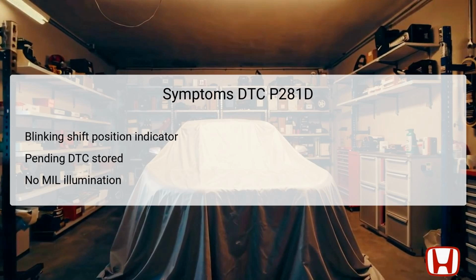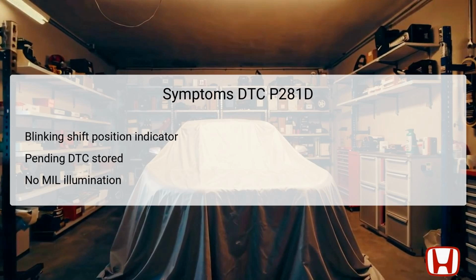It's important to note that the malfunction indicator lamp, MIL, does not illuminate for this particular issue, which means that the vehicle's dashboard may not display any immediate alerts regarding transmission problems.